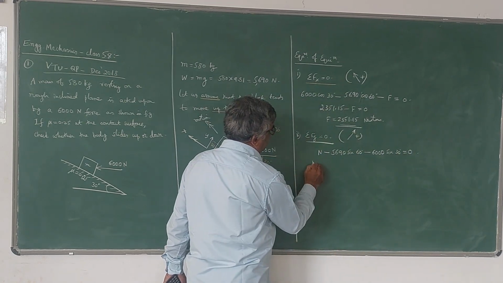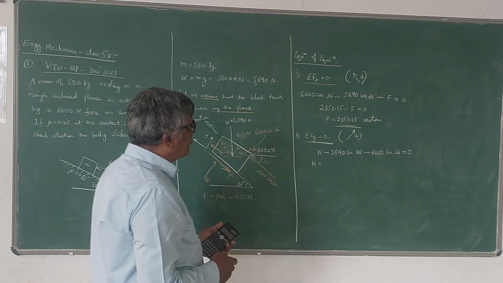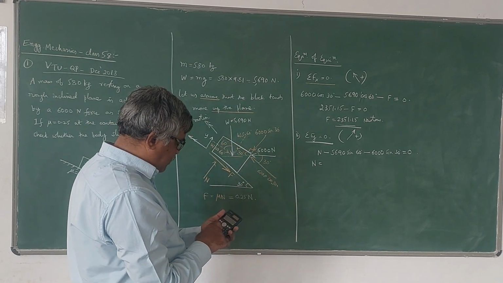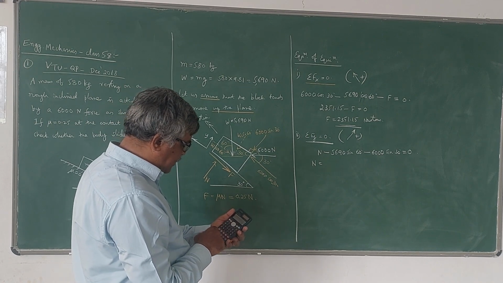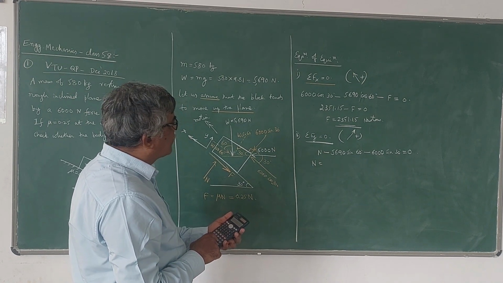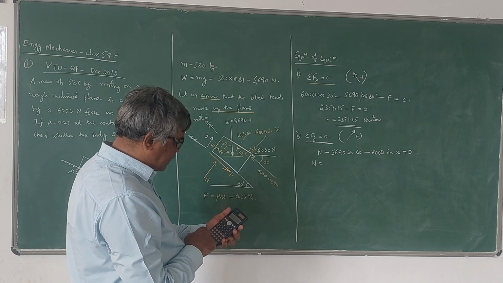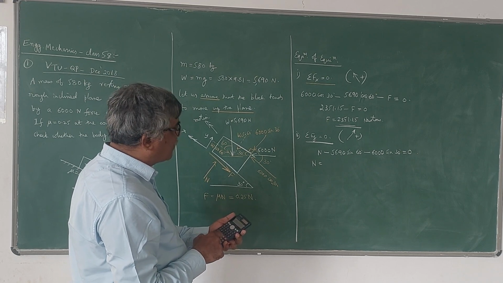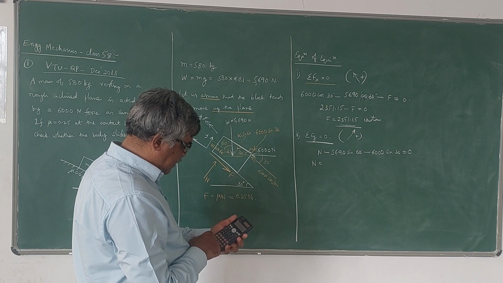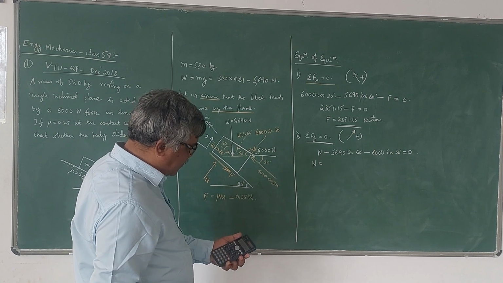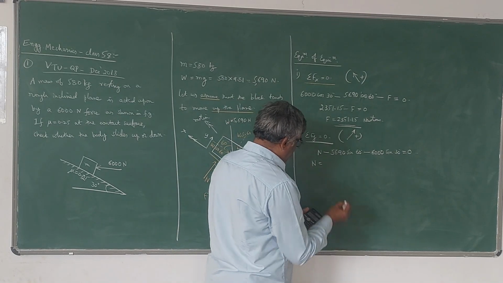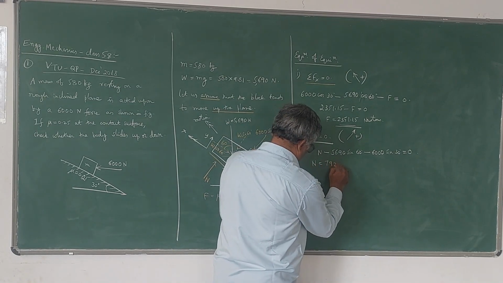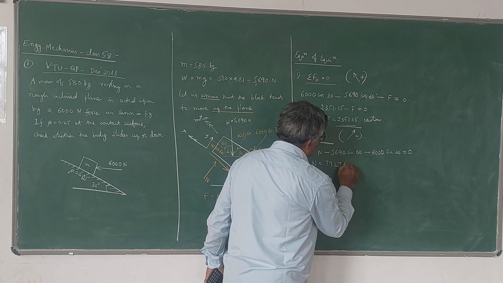So therefore N will be equal to, so both become positive now, 5690 into sin 60 plus 6000 into sin 30, which comes out to be 7927.68 newtons.